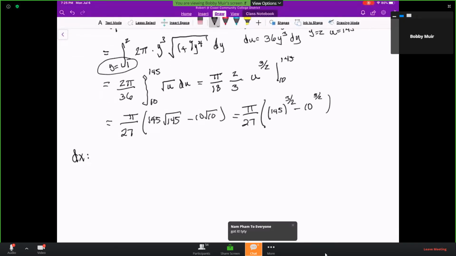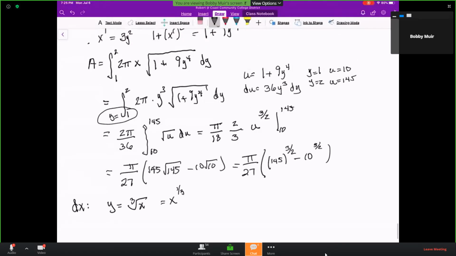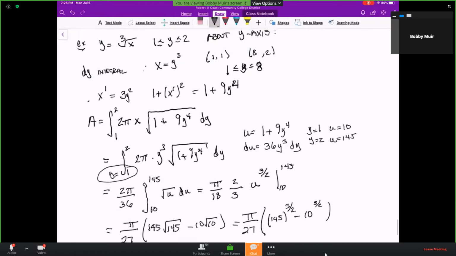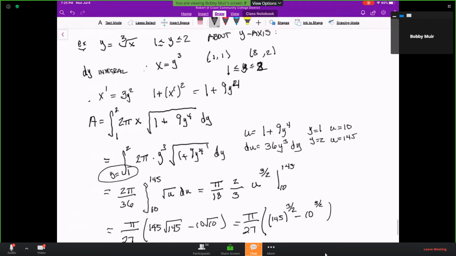Okay, we're still going around the y-axis. So our y is equal to this cube root of x guy, which will be x to the 1/3. And if we want a dx integral, we have to go up here and look at the y is going between 1 and 2, but the x's are going to run between 1 and 8.